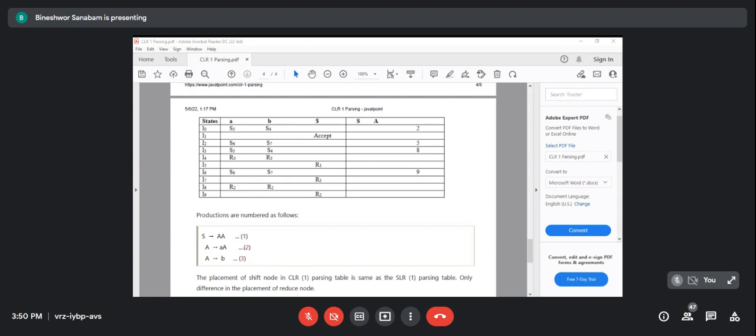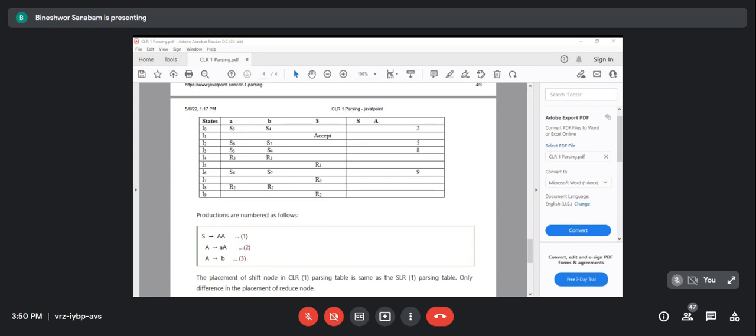Those that have the same LR0 items but different look ahead can be replaced with combined numbers. In this example, states I3 and I6 have the same LR0 items but different look ahead, so instead of I3 or I6, we replace with I36.